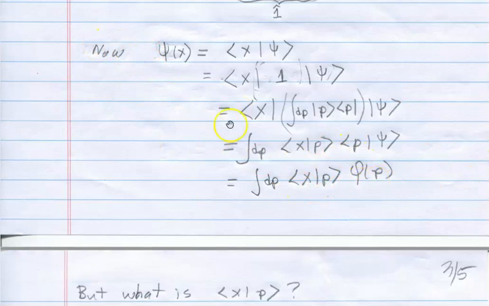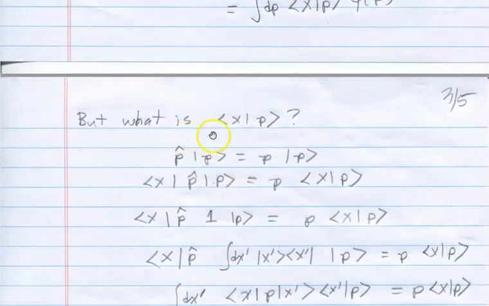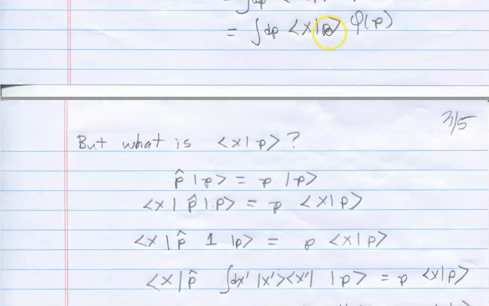We've got a relationship between the wave function in coordinate space and the momentum wave function, if you will, in the momentum space. Really, they're coordinates, quantum mechanically. But the question is, what is this function, this inner product of x and p?